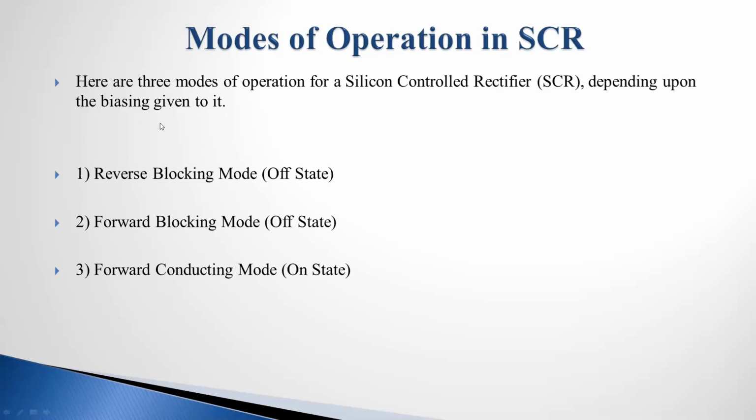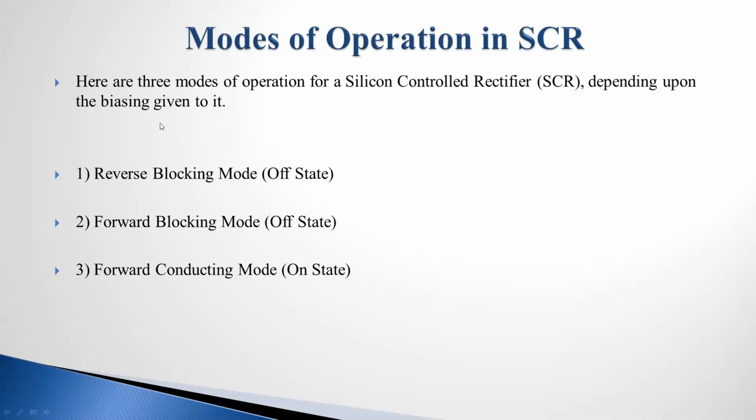Biasing means, for example, if we take the diode, if the anode is applied to the positive terminal of the supply and the cathode is connected to the negative terminal of the supply, then the diode is in the forward bias condition. If the cathode terminal is connected to the positive terminal of the supply and the anode terminal to the negative terminal, meaning reverse voltage is applied across the diode, then the diode is in the reverse bias condition.